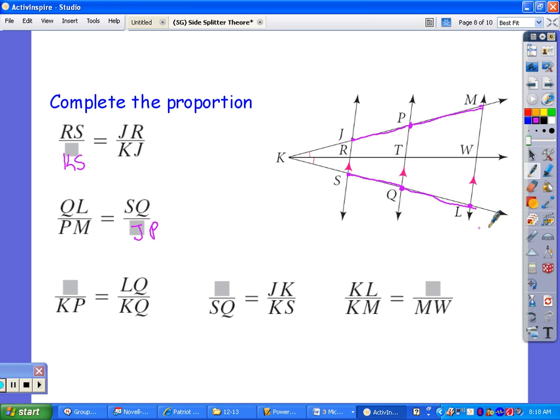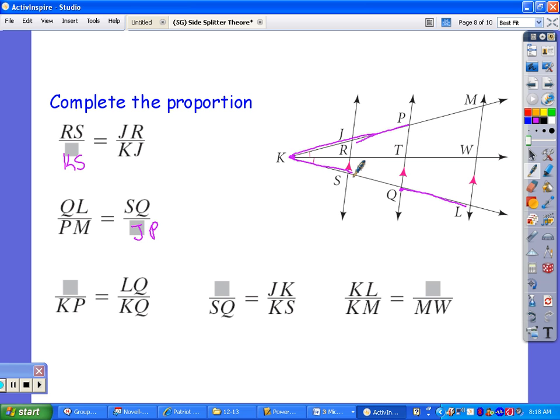So on the next one, we'll do one more, and then you can try the last 2 on here, and the other one's on the next slide. So on here, we have KP, which is this. Then we have LQ, which is down here. And then we have QK, which is this segment.